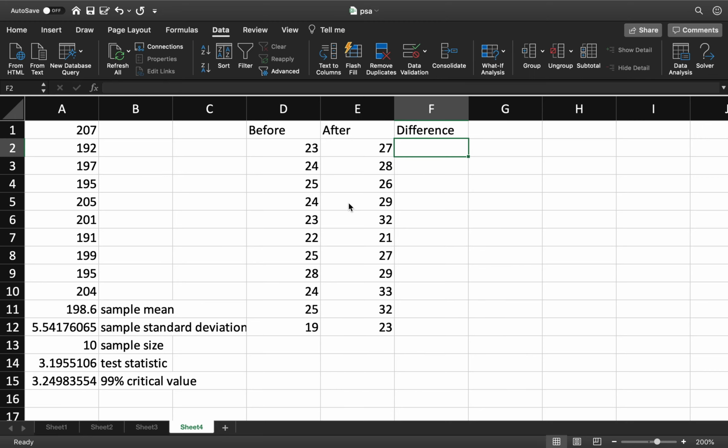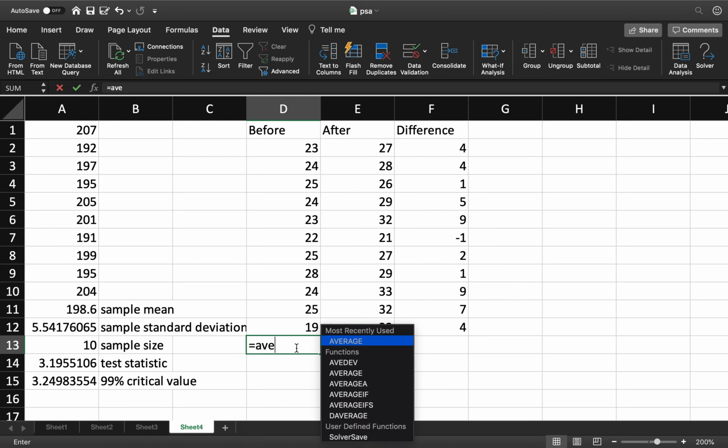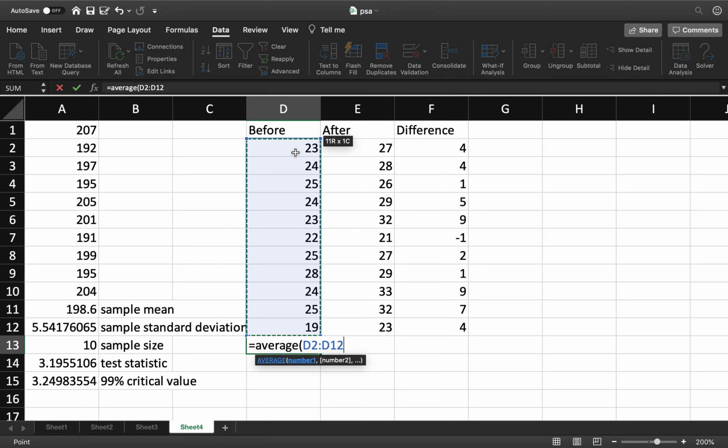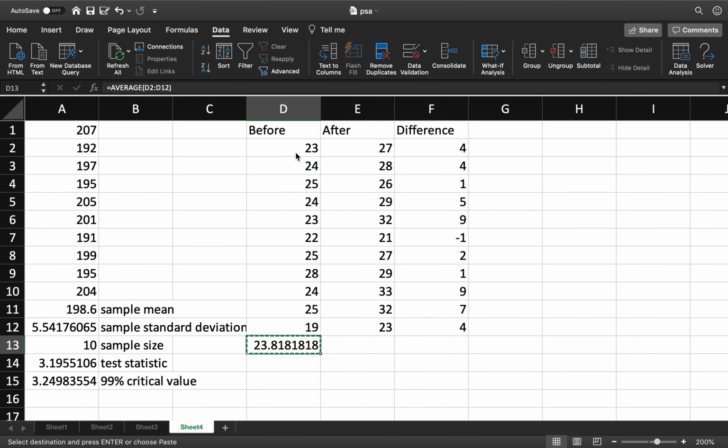This is the difference. We can see here. If I take it as after minus before, that might be more helpful for framing. I just copy it all the way down. Okay, now this is the average before. This is the average after.